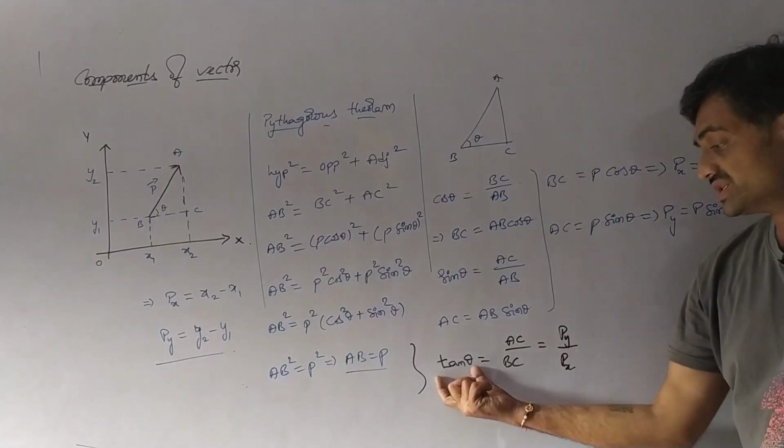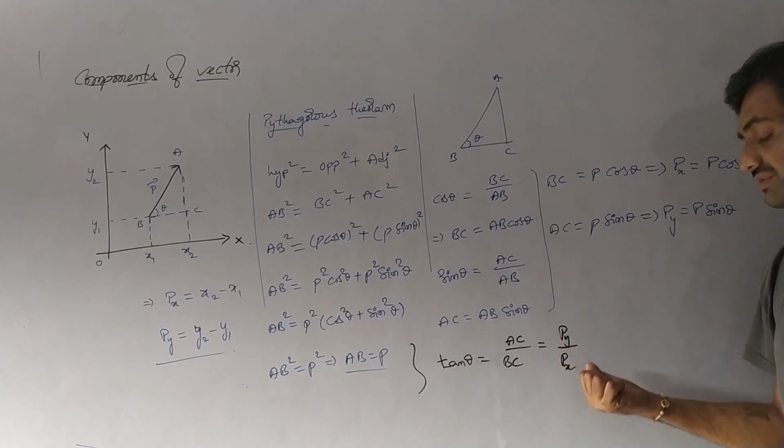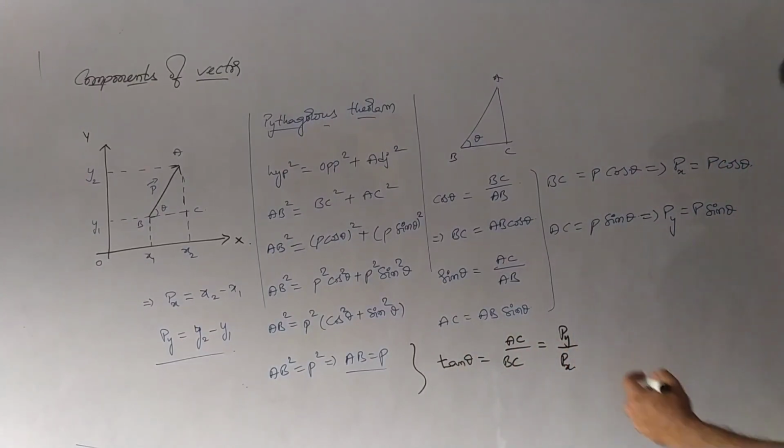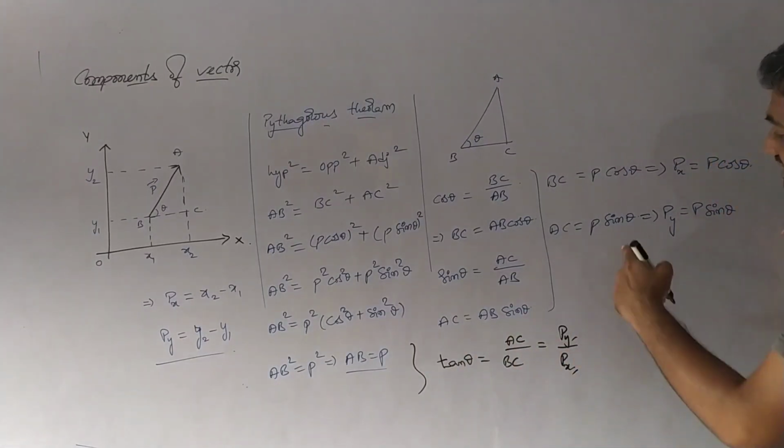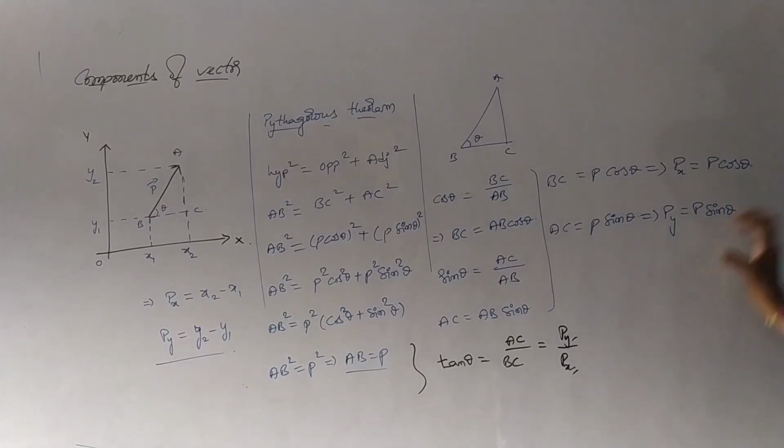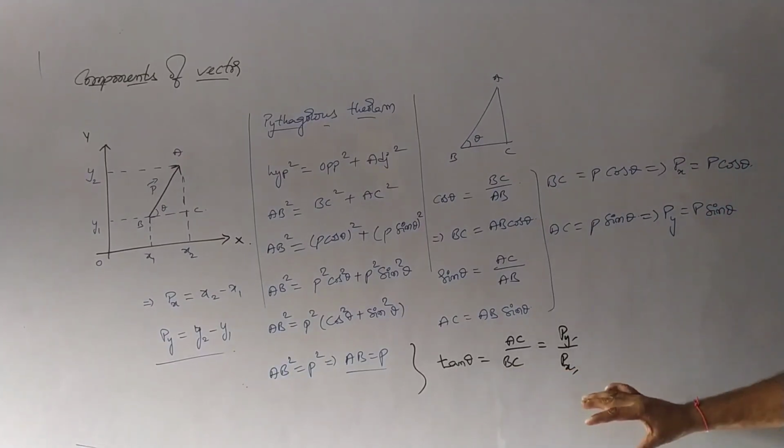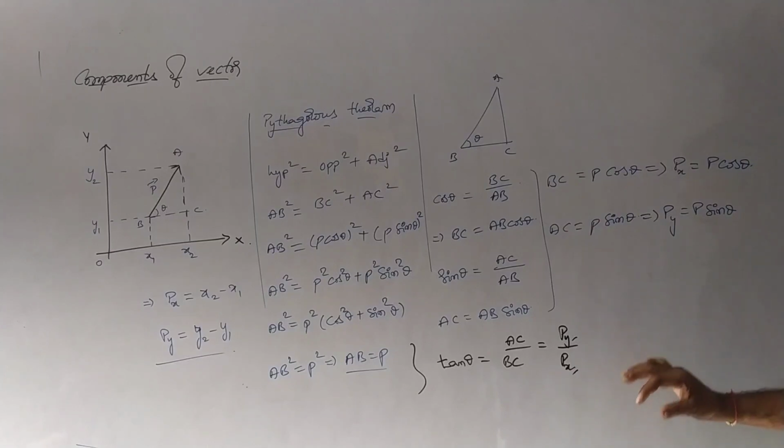So the direction is given as tan theta equals P suffix y by P suffix x. If we substitute the values of P suffix y and P suffix x, again we get tan theta. Because P suffix x equals P cos theta and P suffix y equals P sin theta, P and P get cancelled, and sin theta by cos theta is nothing but tan theta. In this way we can represent the direction.